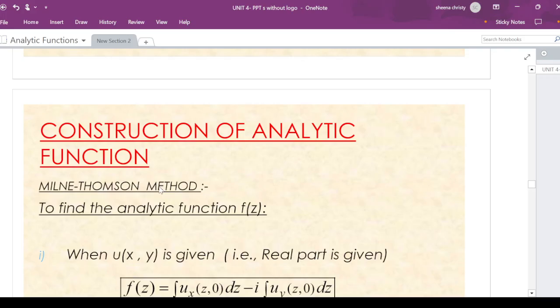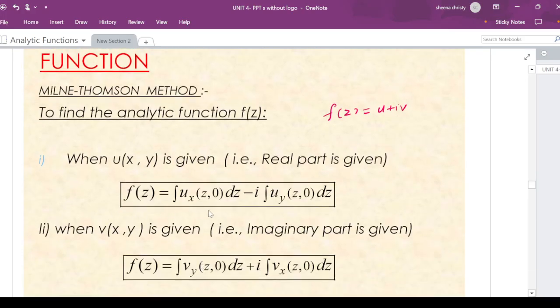of z. F of z, we know that it is u plus iv. So, when the real part is given, what is the formula for finding f of z? It is integral of ux of z comma 0 into dz minus i into integral of uy of z comma 0 into dz.